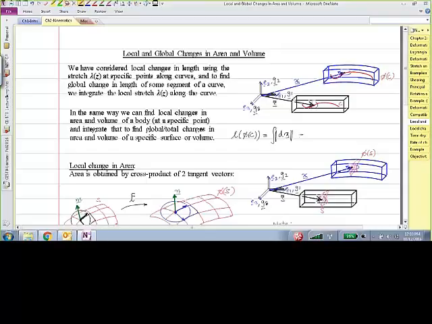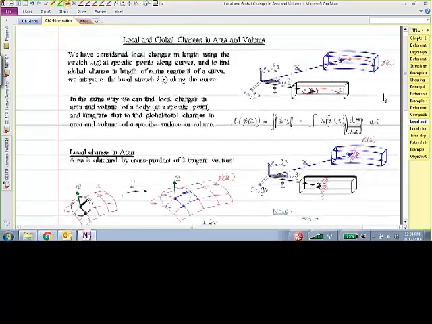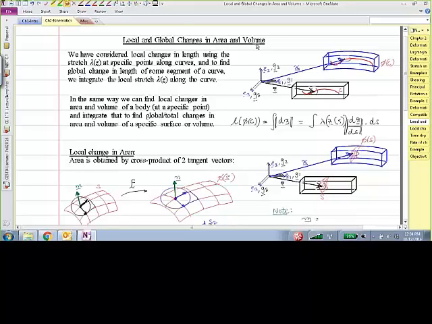Or you can also find it by integrating lambda of z of s times dz ds, and ds. Okay, so this is something that we have done. What we'll try to do now is to extend the same ideas to find changes in areas and volumes.